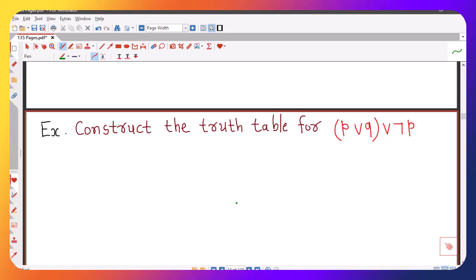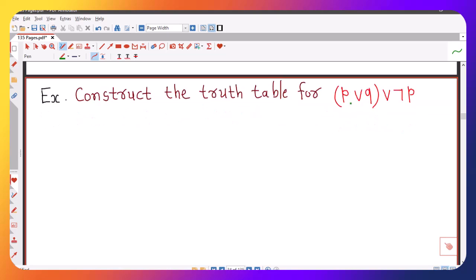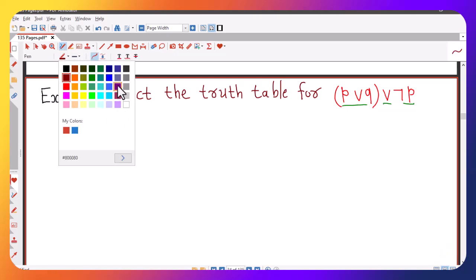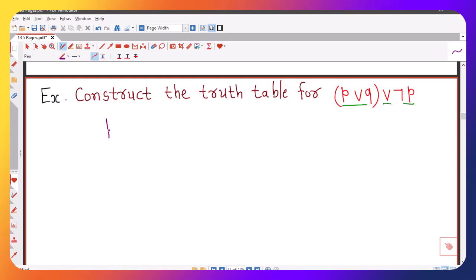Then we construct the truth table for P or Q, or negation of P. So here we have two statements P and Q. So let me write P and Q first. P and Q are there, and we require negation of P also.